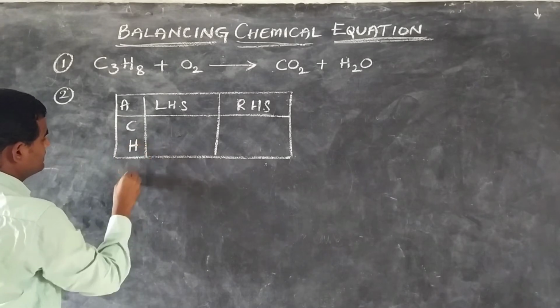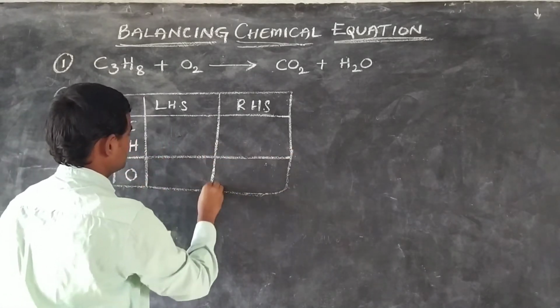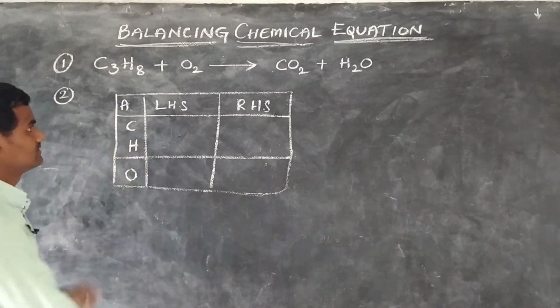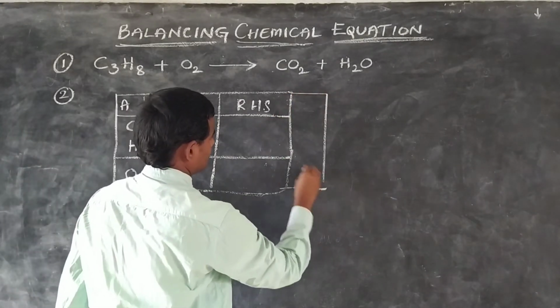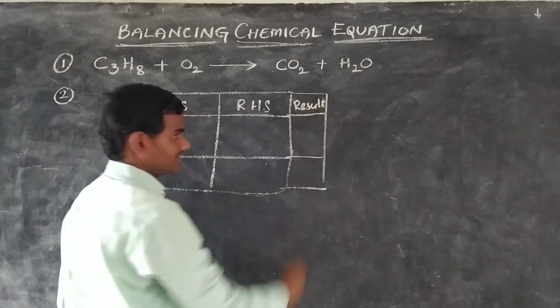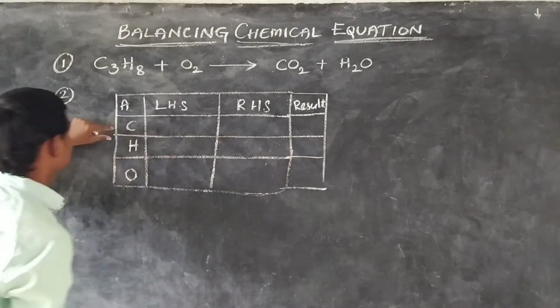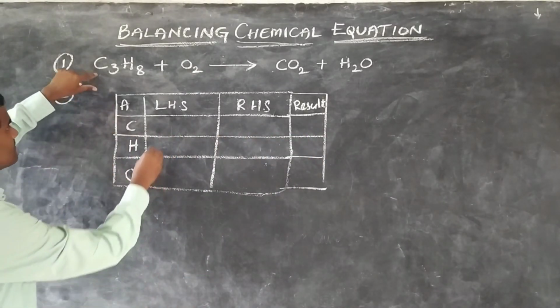Carbon, hydrogen and oxygen. These three are the atoms present in this equation. And we will write one more column, that is result, so that we can understand which atom we have to balance.